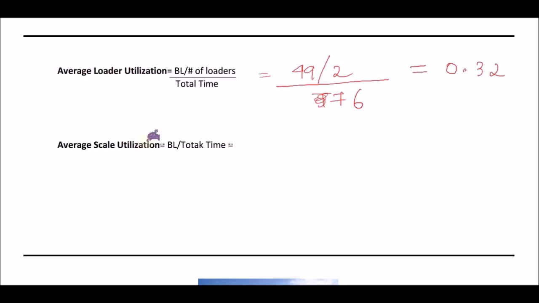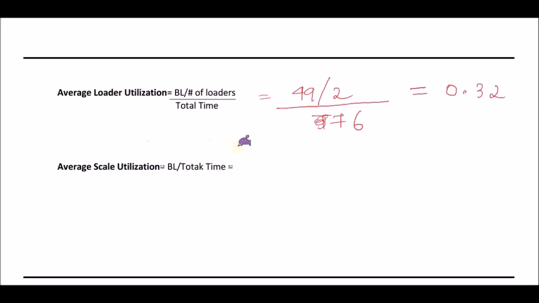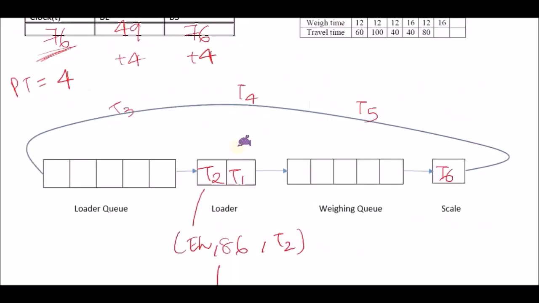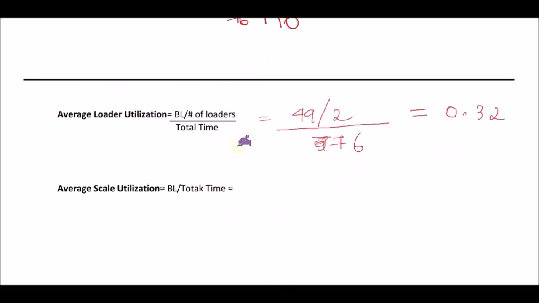Now the next thing that they ask is average scale utilization. The next thing they're asking is average scale utilization, and that is given by this formula.